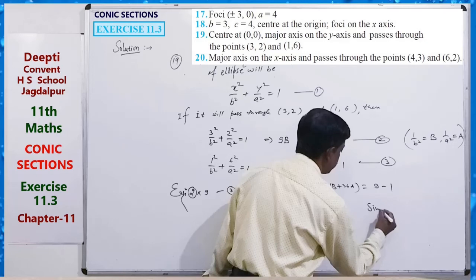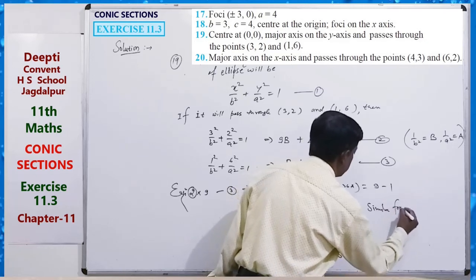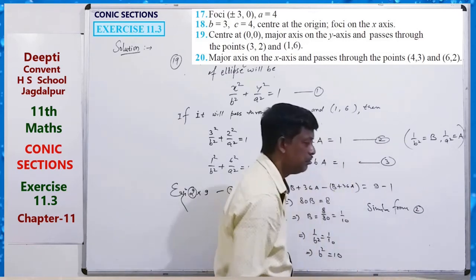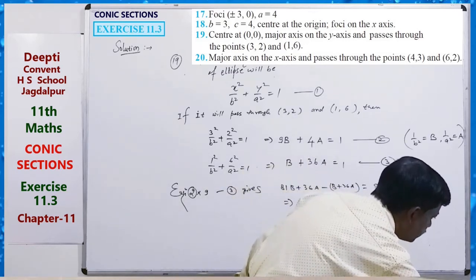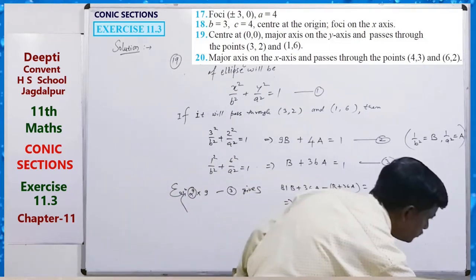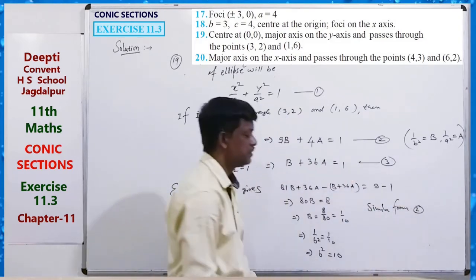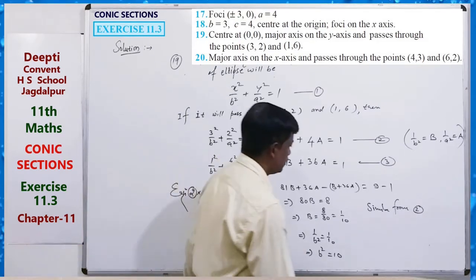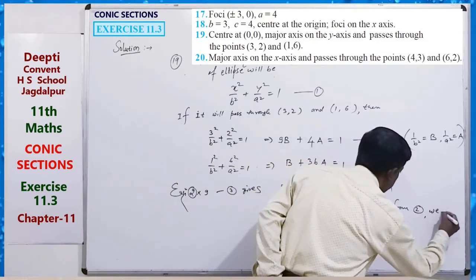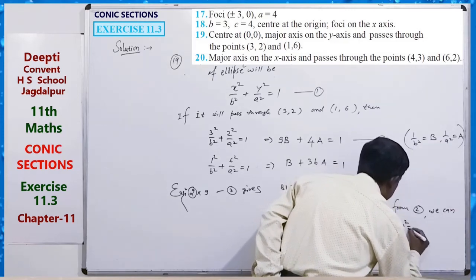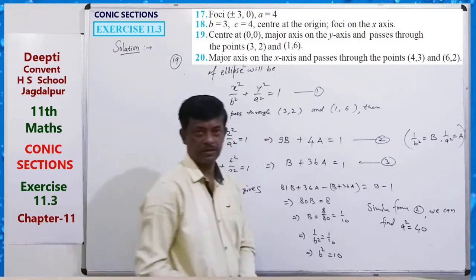Similarly, from equation 2 we can find the value of A. Here b square equals 10 and a square equals 40.